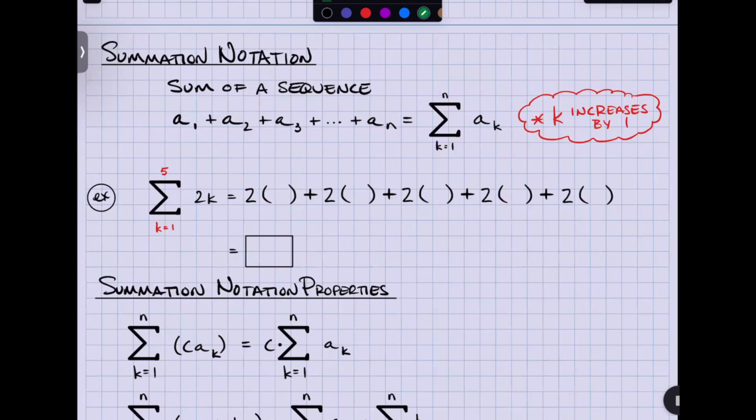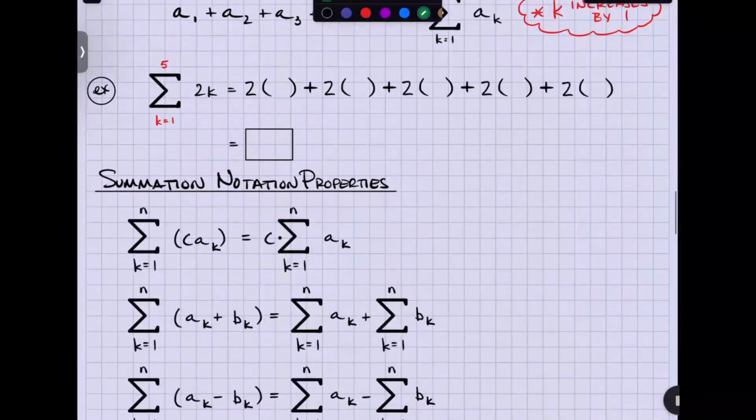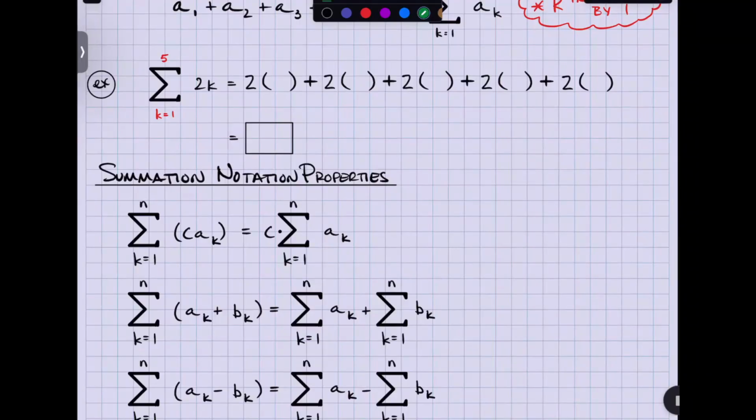So, in other words, if it was the summation of 2k, when k is equal to 1 all the way to 5, it means the rule is 2 times k. Well, k starts at 1, so the first term is going to be 2 times 1, plus 2 times 2.